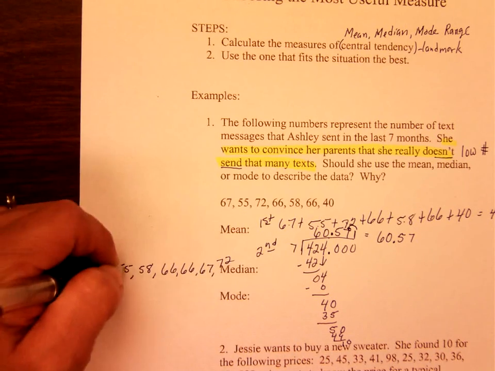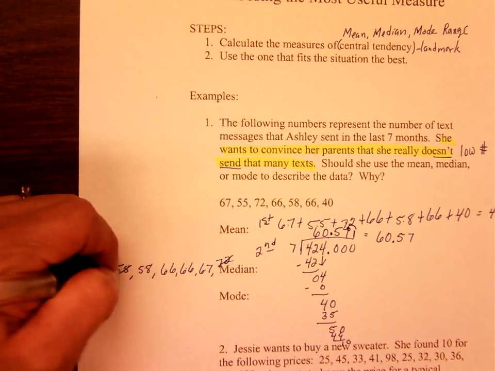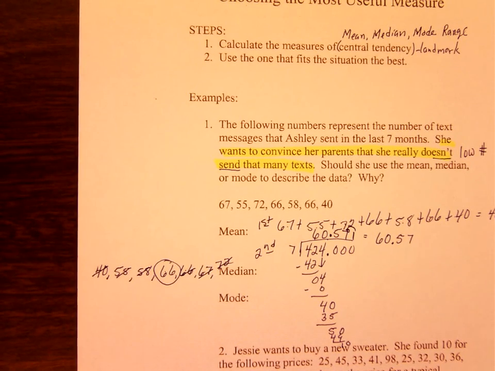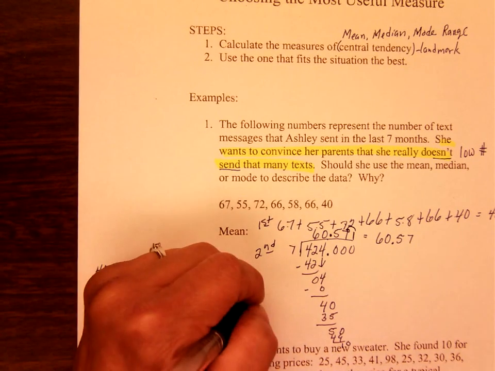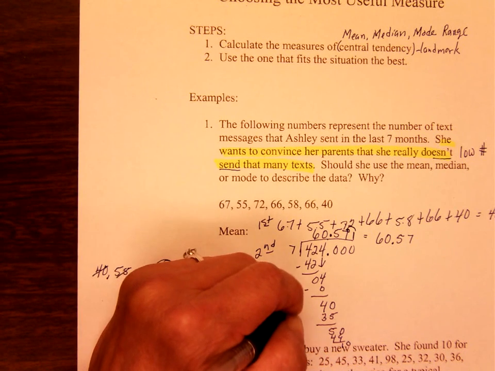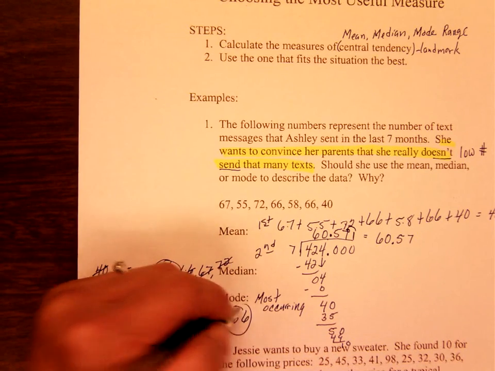And count 1, 2, 3, 4, 5, 6, 7. I have 7 numbers. Cross out left to right, and the median is 66. The mode, remember, means most occurring. So the most occurring number would be 66.